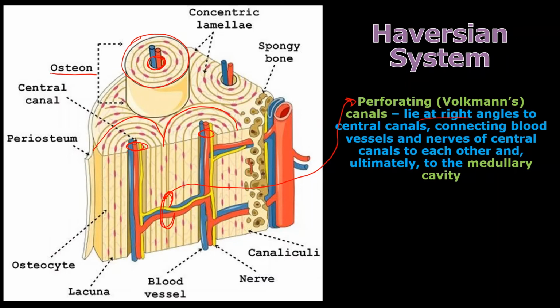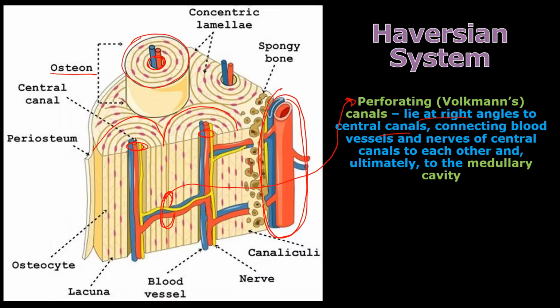It lies at right angles to central canals, and it connects the blood vessels and connects the nerves of the central canals to each other. And ultimately, to the area over here we're going to draw a picture of momentarily, the medullary cavity, this space in the center of a bone, especially a long bone, we have larger blood vessels and nerves running through.